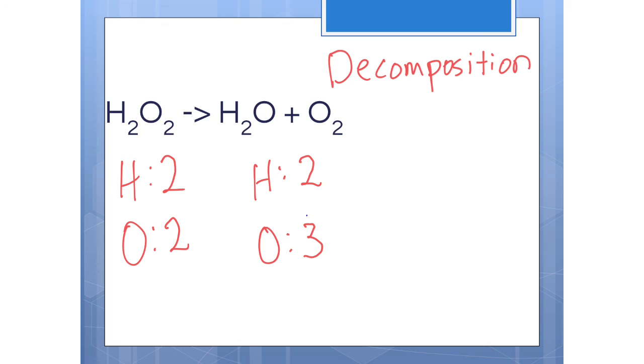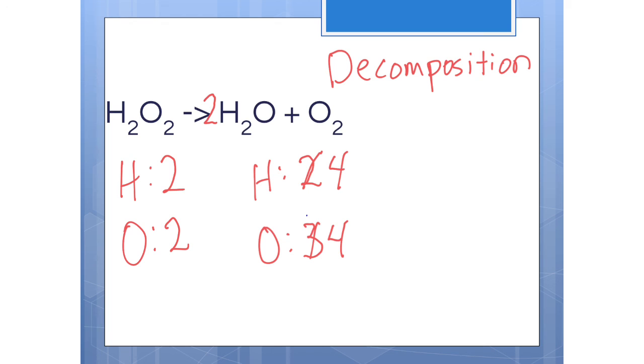So what we're going to do is there's a 1 on that H2O, so I'm going to try to just put a 2 here and see how that works out. That's going to give us 4 hydrogen. And now we have the 2 oxygen here and the O2, which gives us a total of 4 oxygen here.